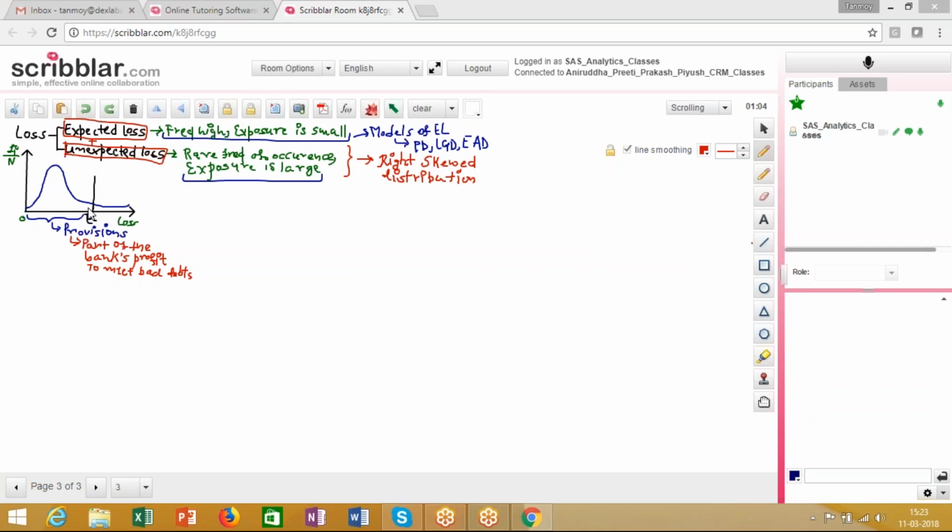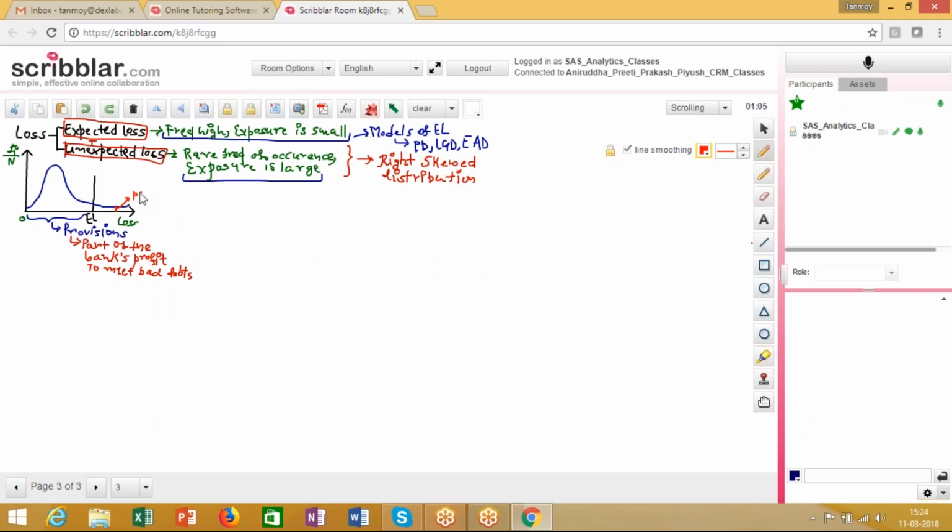Now the unexpected loss is the deviation about the expected loss. So an unexpected loss is nothing but the tail end values of the losses. So it is the tail end value of the loss, right? And beyond this unexpected loss is a potential loss.